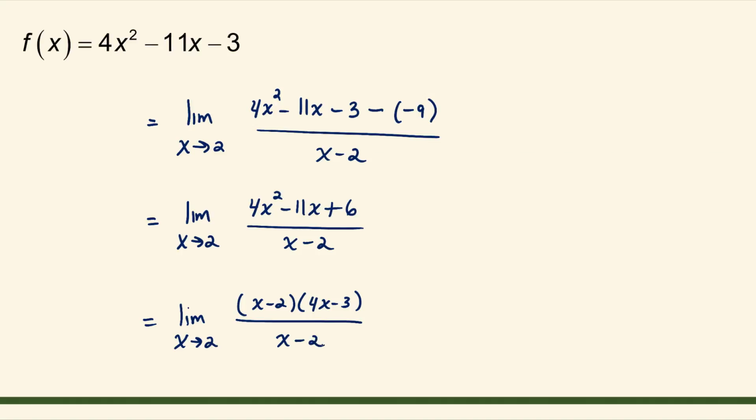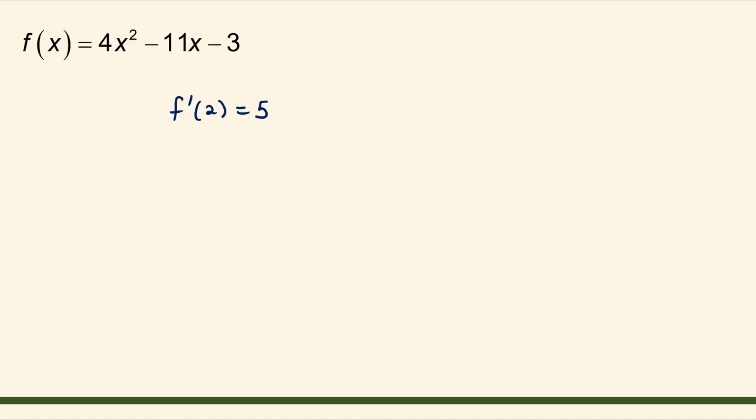We have common factors of x minus 2 in the numerator and the denominator that will divide out, leaving us with the limit as x approaches 2 of simply 4x minus 3. Evaluating the limit as x approaches 2 of 4x minus 3, 4 times 2 is 8. 8 minus 3 is equal to 5. Therefore, the derivative of f at x equals 2 is equal to 5.